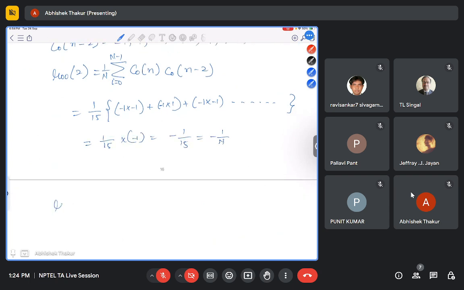So the correlation of PN sequences by shifting n naught units will become 1 if n naught is equal to 0, and minus 1 by n otherwise.